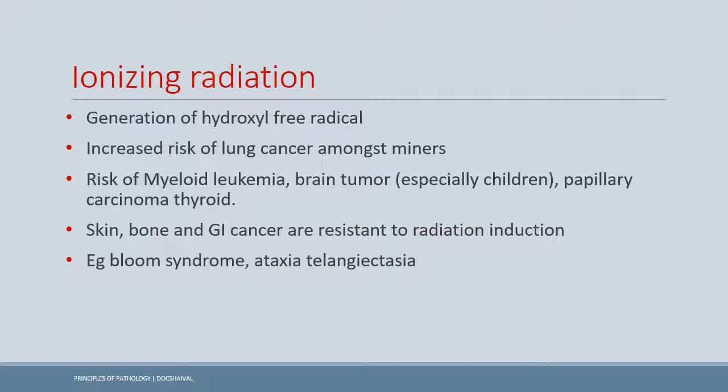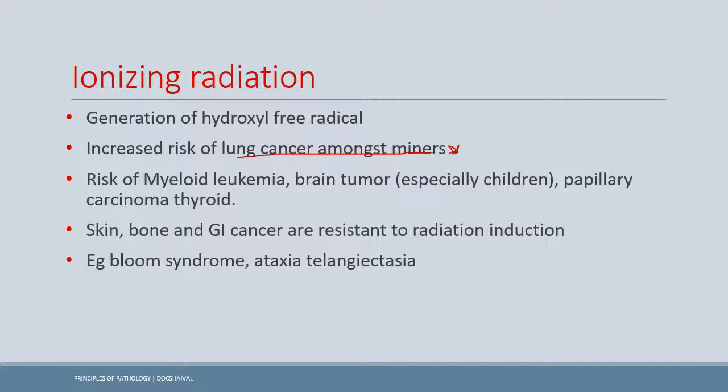Now we have increased lung cancer among the miners, and this is from the historical point of view, because of the epidemiological studies which were done. So this should be in the back of your mind that miners, I don't remember, but they were from Europe, I believe, had increased risk of lung cancer.